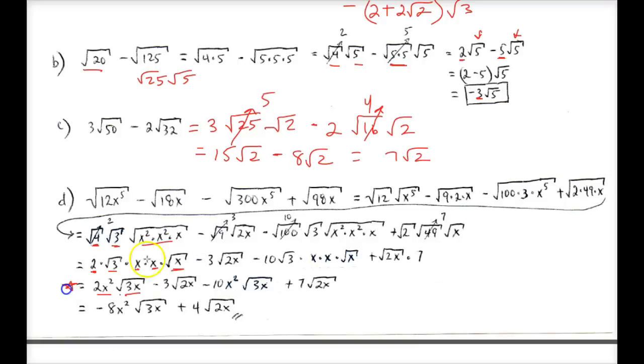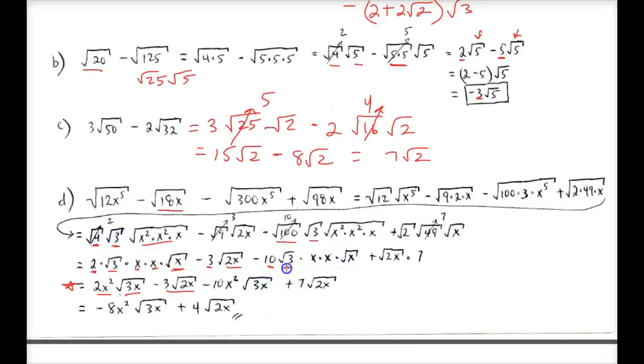So from this point, we deal with our second term, square root of 18x, which is square root of 9 times square root of 2x. And of course, square root of 9 is 3, so that's how we get that. And that remains the same there. Square root of 300x raised to the fifth. We see that square root of 300 could be broken down to square root of 100 times square root of 3. And of course, square root of 100 is 10.